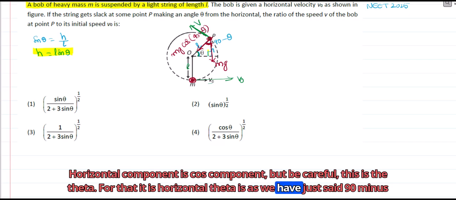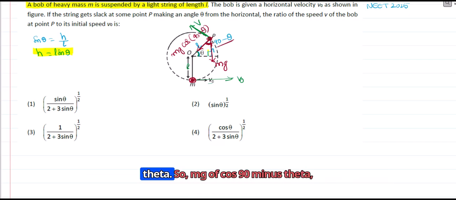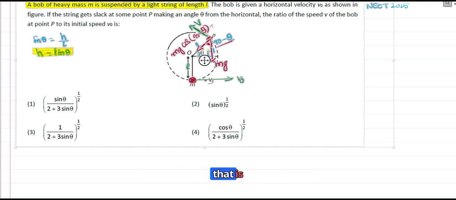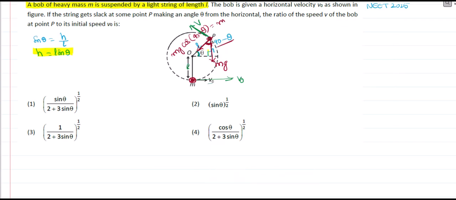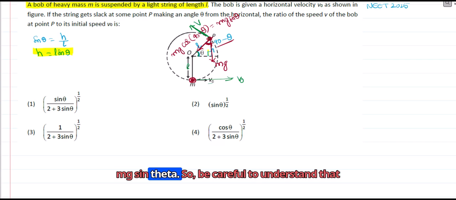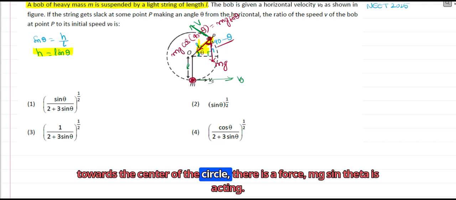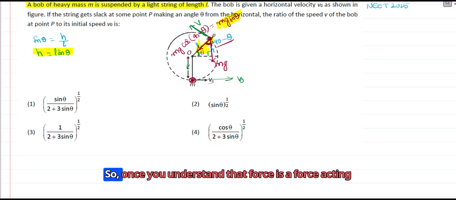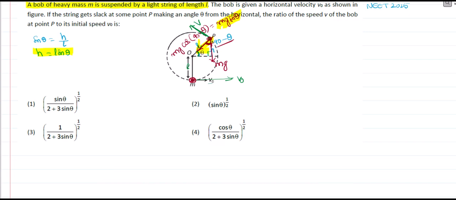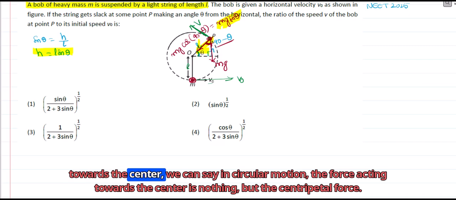Theta is, as we have just said, 90 minus theta. So mg of cos 90 minus theta, that is mg sin theta. So be careful to understand that towards the center of the circle, there is a force mg sin theta acting.